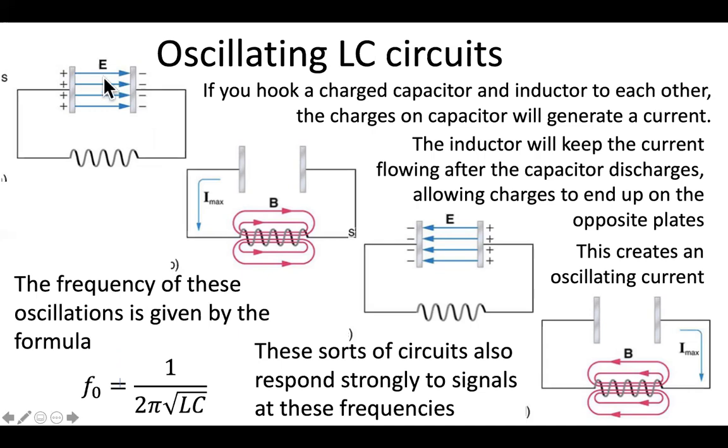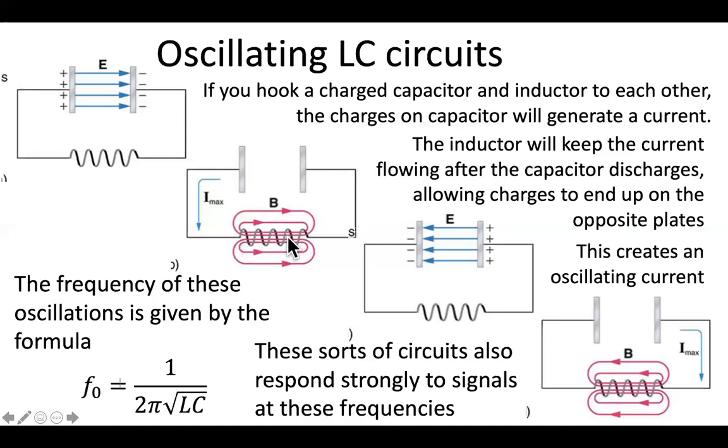But in this circuit, there's an inductor. As these things start to flow, they cause a current to appear. And the inductor doesn't want that current to change because it sets up a magnetic field. So after the two plates have neutralized each other, at that moment, there's a current flowing through this as the positive charges are moving through to where the negative charges were, or vice versa.